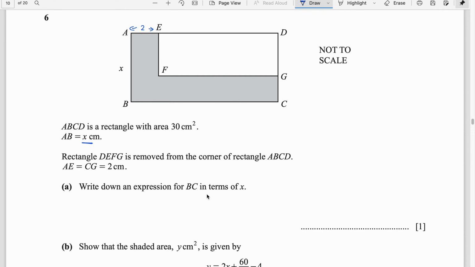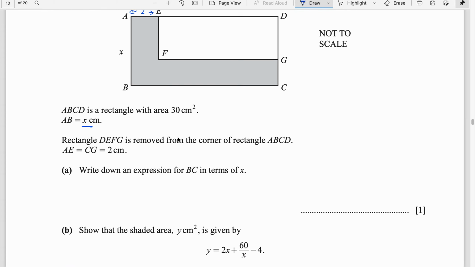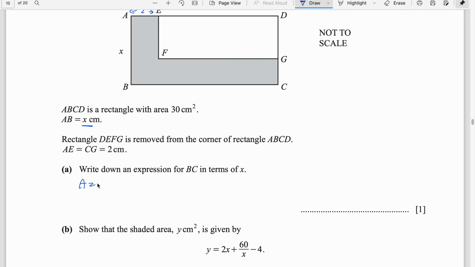Write down an expression in terms of x for BC. Basically area is equal to length times breadth. Area is given, that is 30. We have one of the sides, and the other side, let me say this is BC. So BC is equal to 30 divided by x. Area divided by one of the sides gives you the other side.